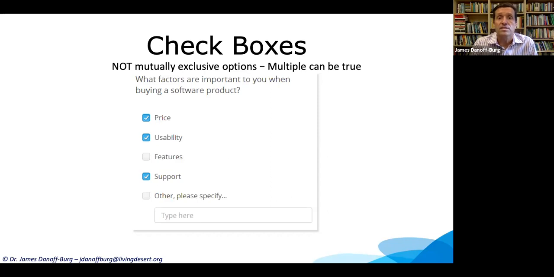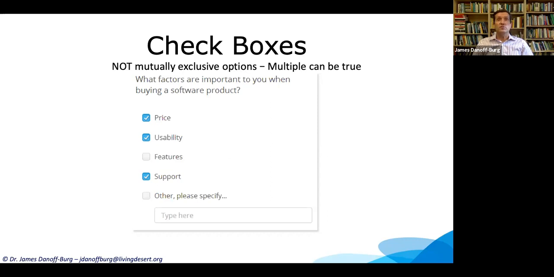Okay? This is a nice way to collect and then rank how important a single option within this item is for everyone as a whole. So you'll know whether price is checked most frequently, or usability is checked second most frequently, and so on, right? So checkboxes are very useful.